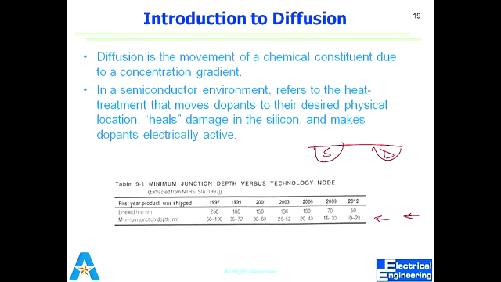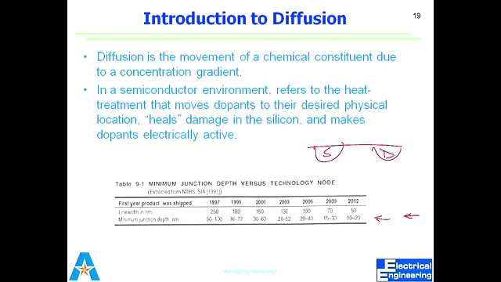Everything that moves from higher concentration to lower concentration. Just like a smell: if I put some perfume here, through the air it actually diffuses. That is named diffusion because it moves from higher concentration to lower concentration.